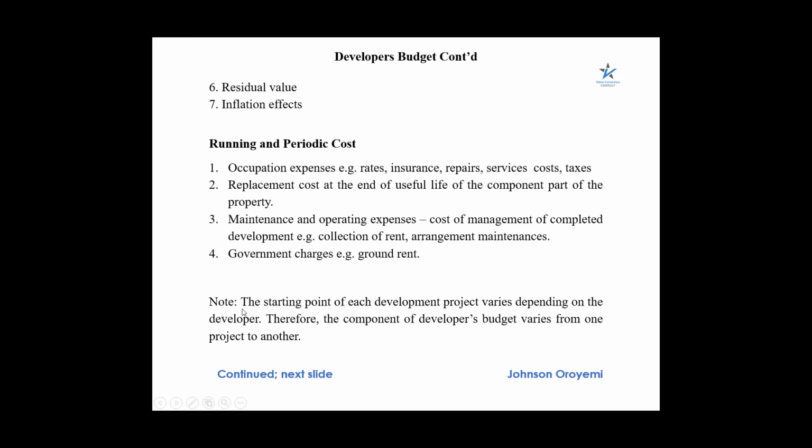But it is also important to note the starting point. This is a practical course, so what we are talking about here is application, not just theory. The starting point of each development project varies. For instance, if a client calls you that he wants to invest in a construction development project, and he has gotten his land, there wouldn't be a need to include the cost of land in your developer's budget.